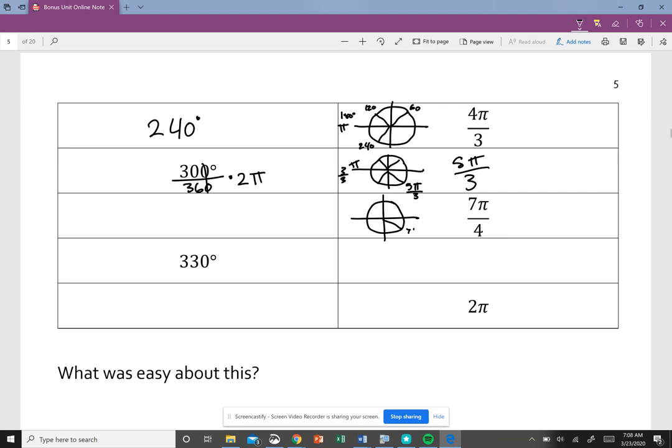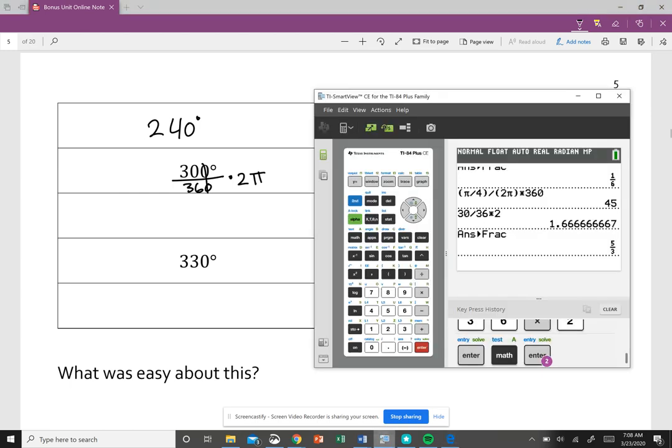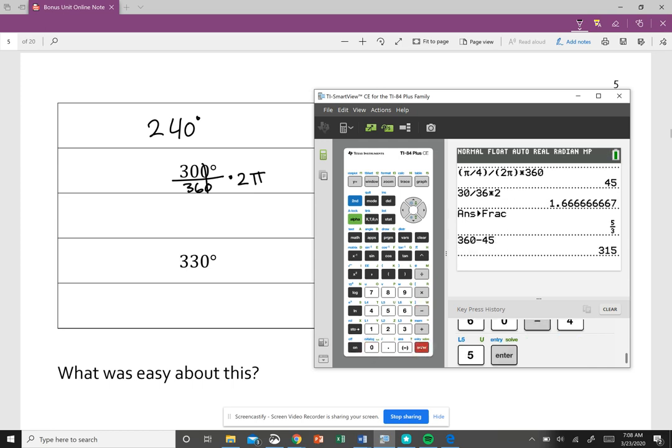Because there would be 1/4 of pi, 2/4 of pi, 3/4 of pi, here's pi, then 5/4 of pi, 6/4 of pi, and 7/4 of pi. Okay? So then I'm just taking this angle. That's going to be 360 minus 45, and I get 315 degrees.